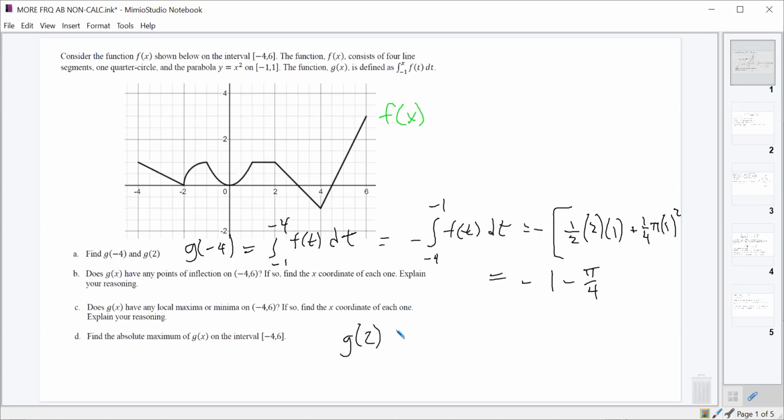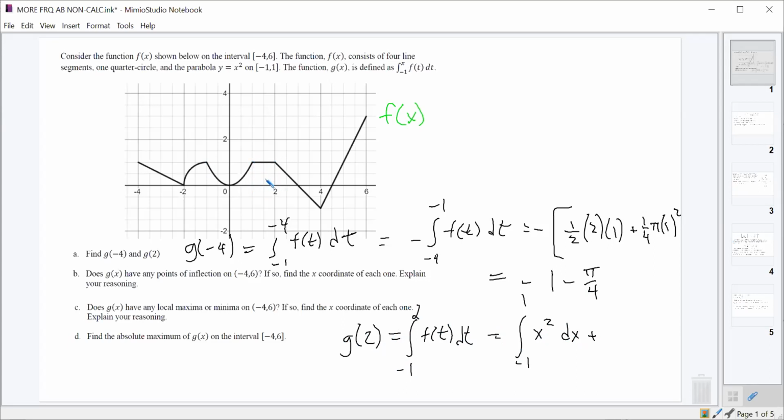Yeah. Good. All right, g of 2 means the integral from -1 to 2 of f of t dt. And the integral from -1 to 2, well, that's got this parabola from -1 to 1. So that's just the integral of x squared from -1 to 1. And then plus this area that we get underneath the curve from 1 to 2, which is just a square.